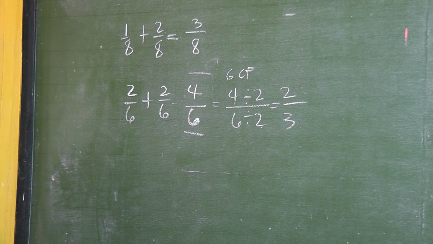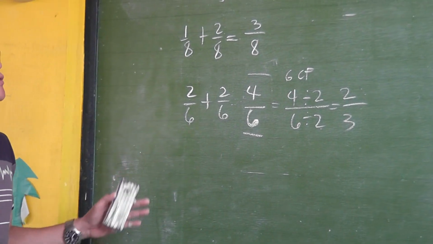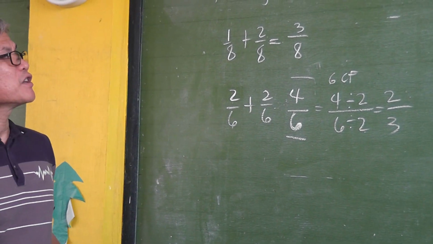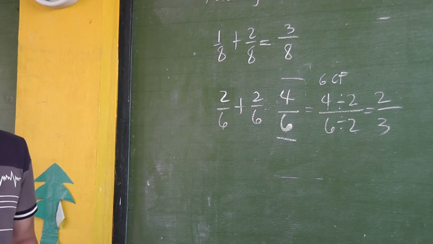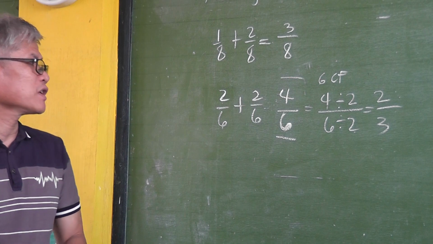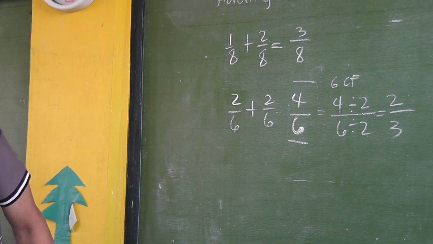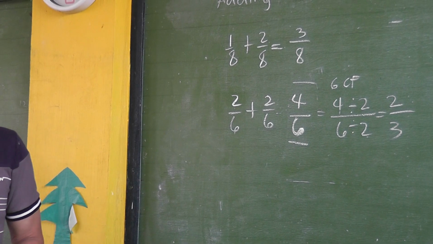That is in similar fractions. In adding and subtracting, you have the same procedure or steps, the difference is only the operation. In subtraction, you could do the same, only the operation differs.